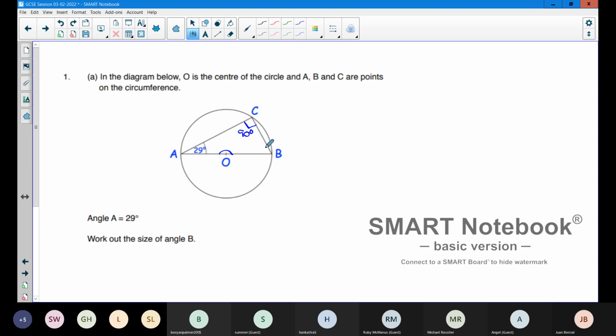So remember that 180 will be equal to 29 plus 90 plus the angle B. So 180 is going to be 119 plus B, and then you just find that B is 180 minus 119.